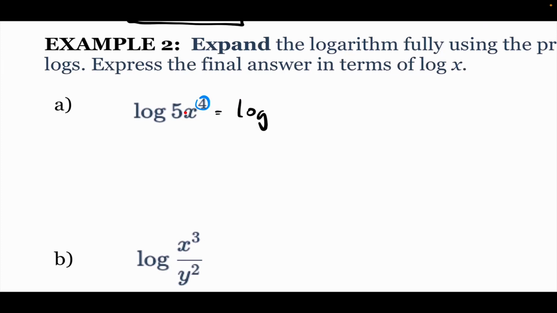So log of 5 plus log of x to the fourth, because those are the two things that were being multiplied. If there were three things, let's say there was y out here, then I would have a third log, plus log y. But there's only two.